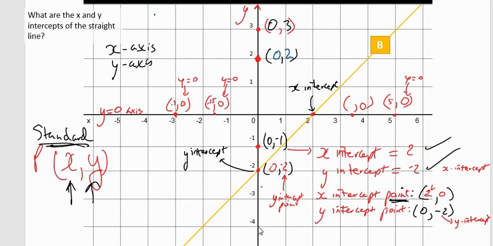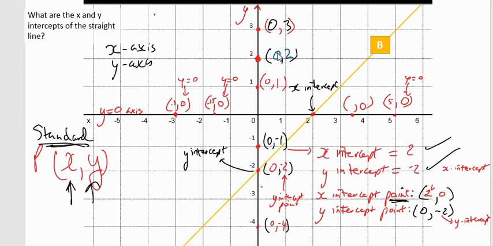Okay, what about this one? Coordinates are 0 and -4. Okay, what about this one? Coordinates are 0 and 1.